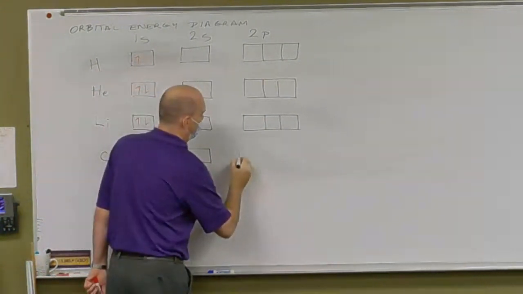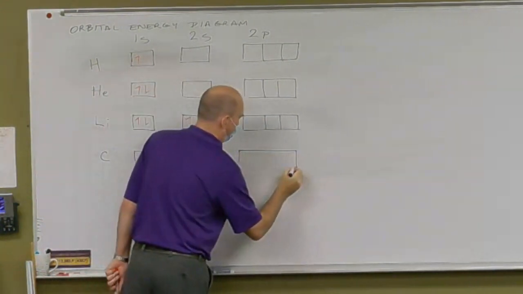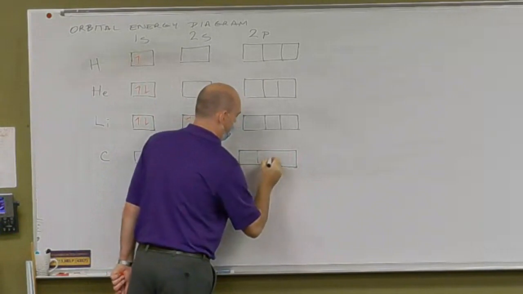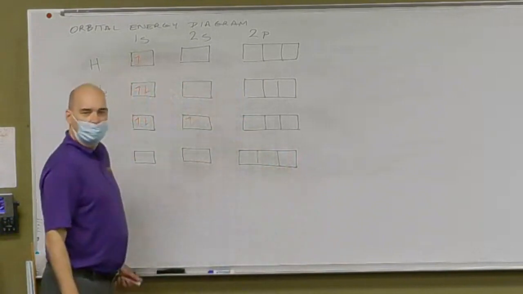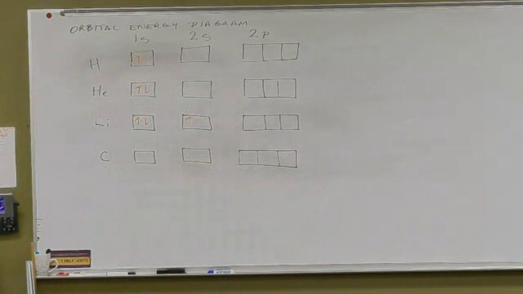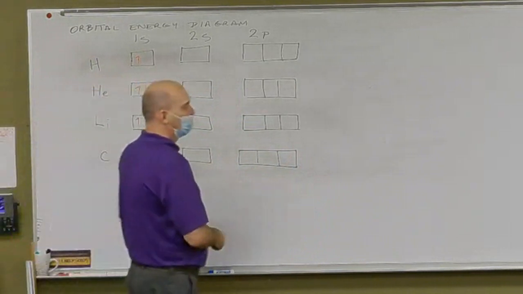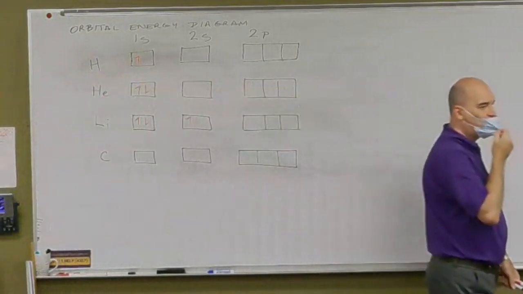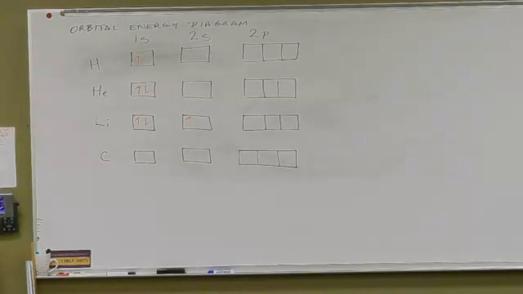These boxes are changing shape. That's carbon. Go do carbon. Carbon is in position 6. It has 6 protons, 6 neutrons, 6 electrons.